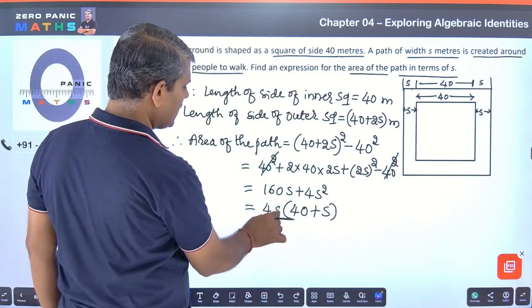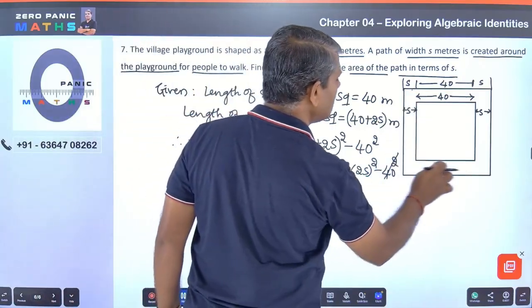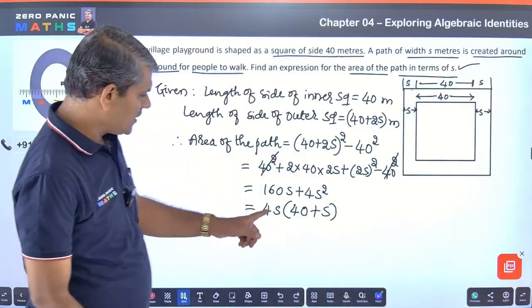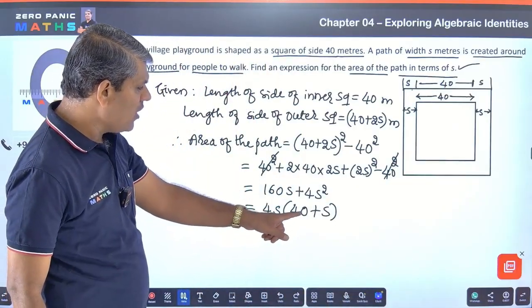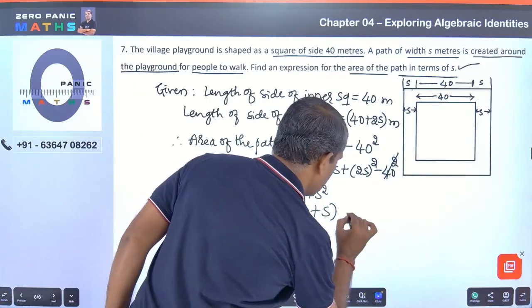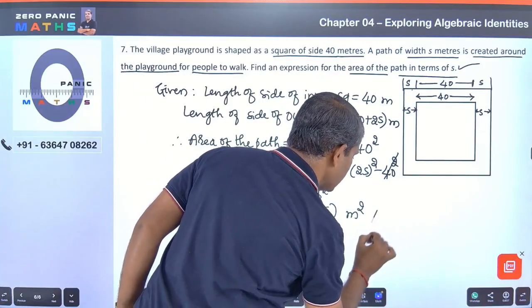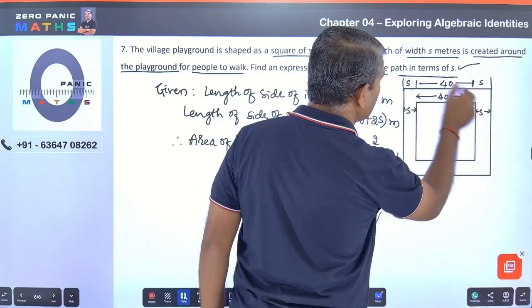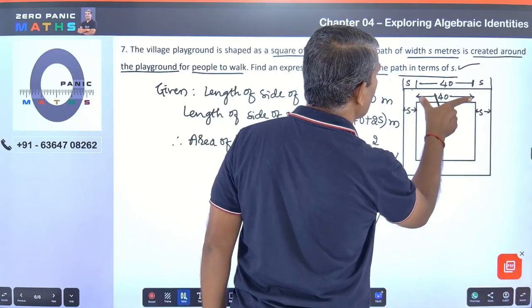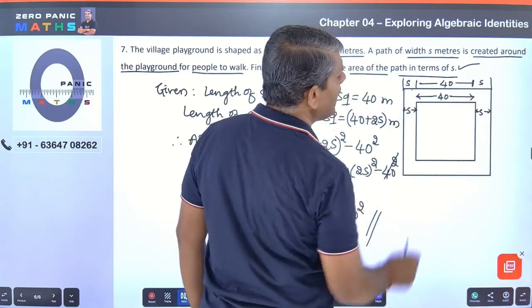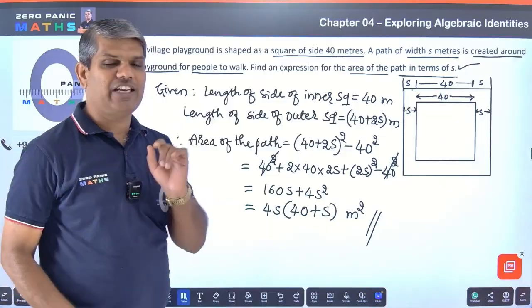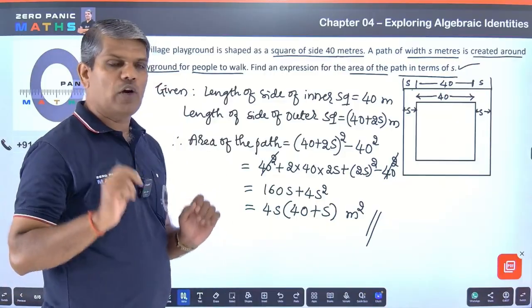So this is the area of this path in terms of s: 4s multiplied by (40 plus s) meter square. This is the area covered by this path, which is around the playground of side 40, and the width of this path is s. Hope you understood this.